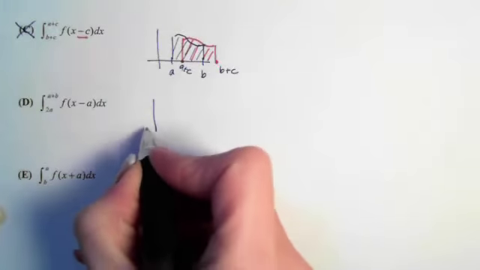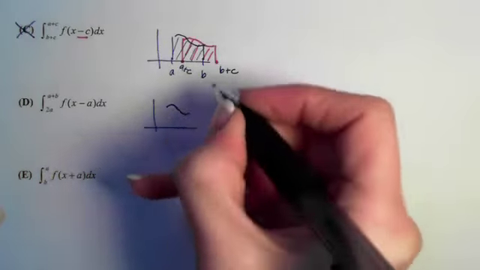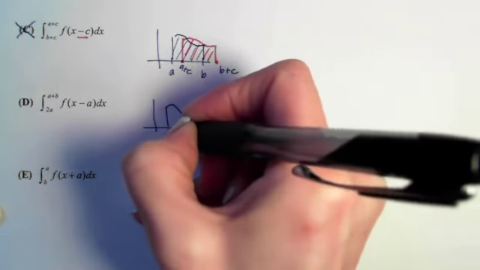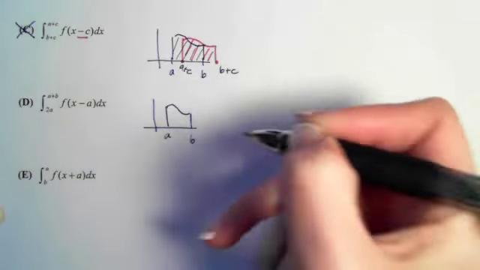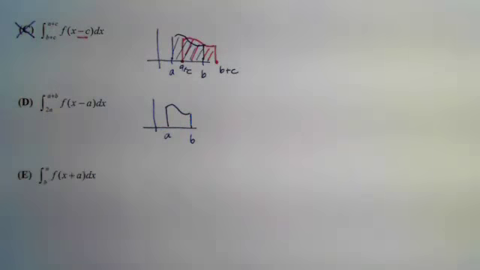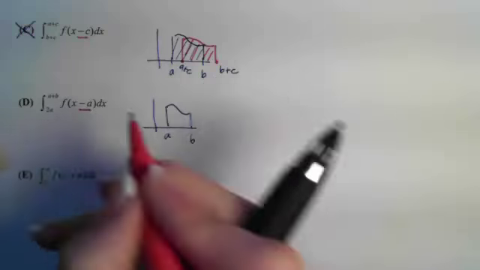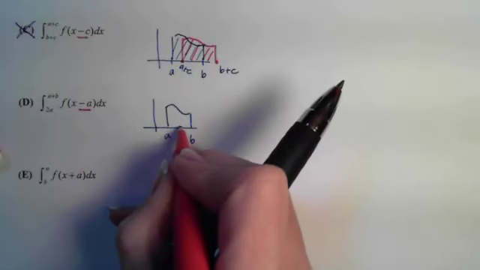Let's look at D. For D, we take our original function again. We're going to go from A to B. This says that I'm going to move the graph of that function a units to the right.